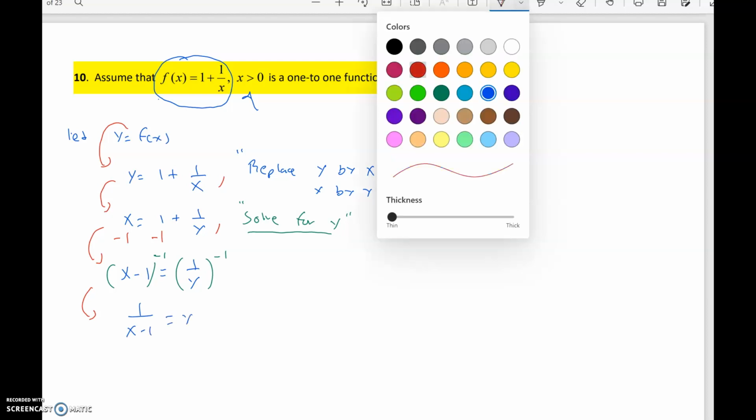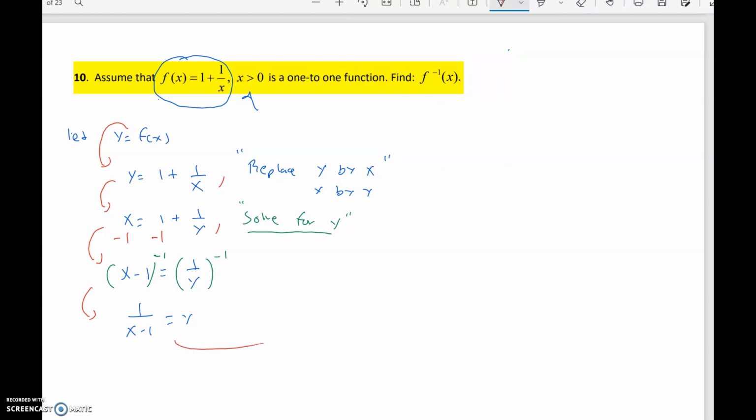And this happens to be our inverse. And let me just write it as y is equal to 1 over x minus 1. And in this case, f inverse of x is equal to 1 over x minus 1, where y is greater than 0.